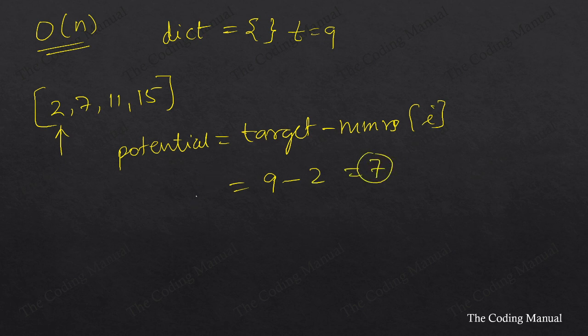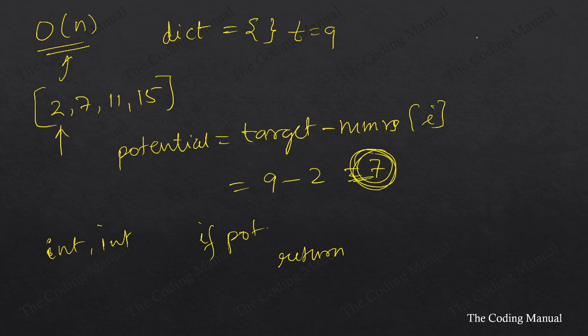So what I will say is, if this potential candidate is in the dictionary, I will create a dictionary which keeps the key value pair as integer and integer. Now we need to check if the potential candidate exists in the dictionary, then we will return.